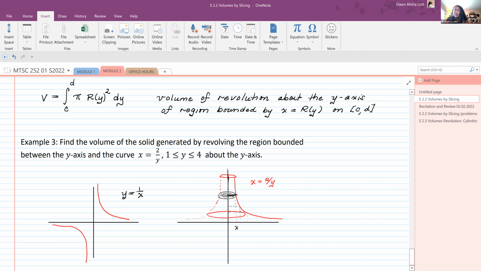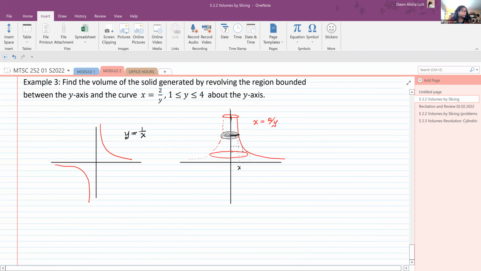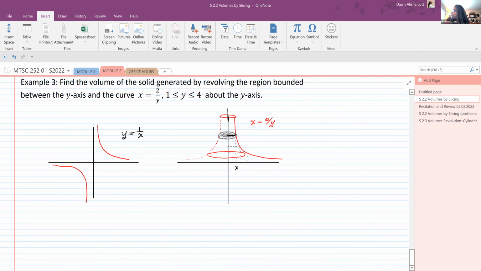So I can see the radius is always x. So for this problem, the radius, which is now a function of y, is x, and x is 2 over y. So therefore we know what our radius is, and we also know that our domain is going to start from 1 and go up to 4.